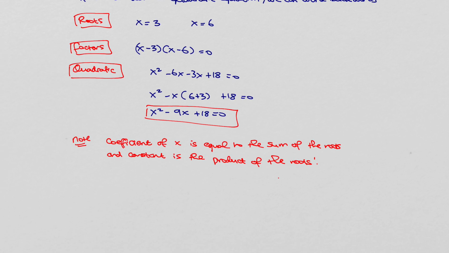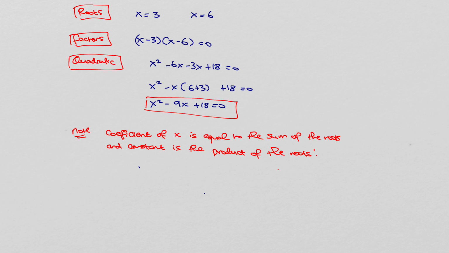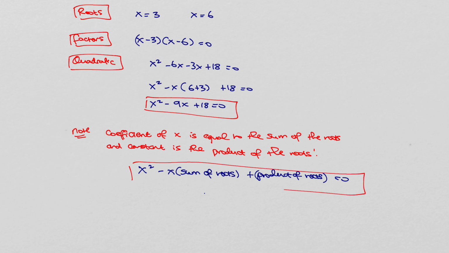So what we can actually say, a very quick way of doing it, is x squared minus x times the sum of the roots, and this works every single time, plus the product of the roots equals 0. But this is not in our maths tables, so we need to know that one off by heart.